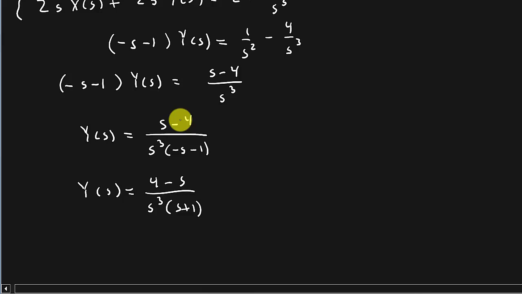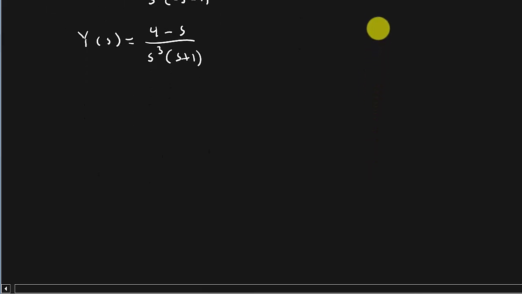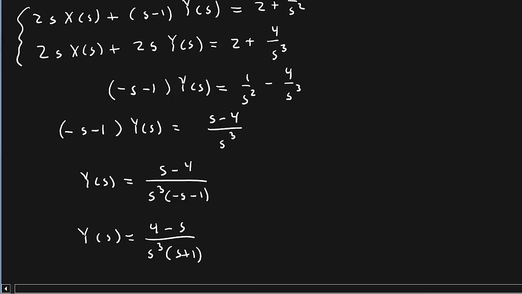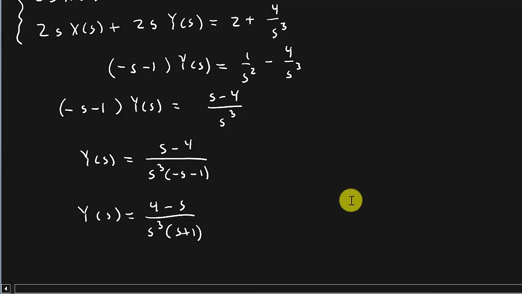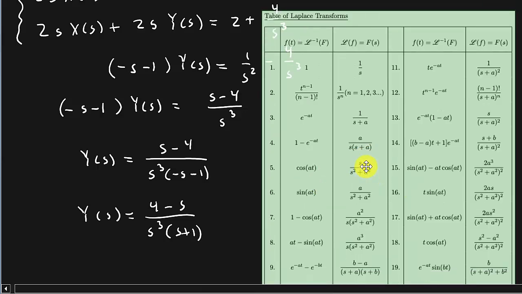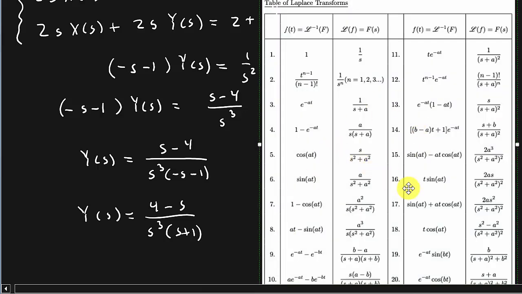All right, so now is the fun part. We've got to take the inverse Laplace transform of that. Well, let me grab my chart up here. You can just glance over this chart right here, and there's nothing that matches this.